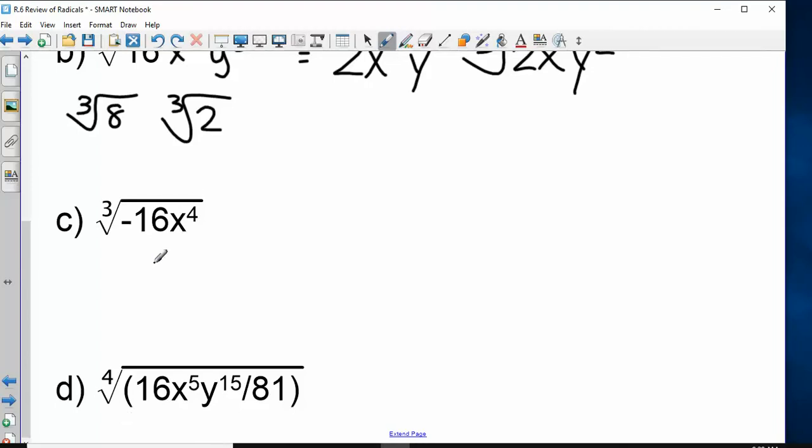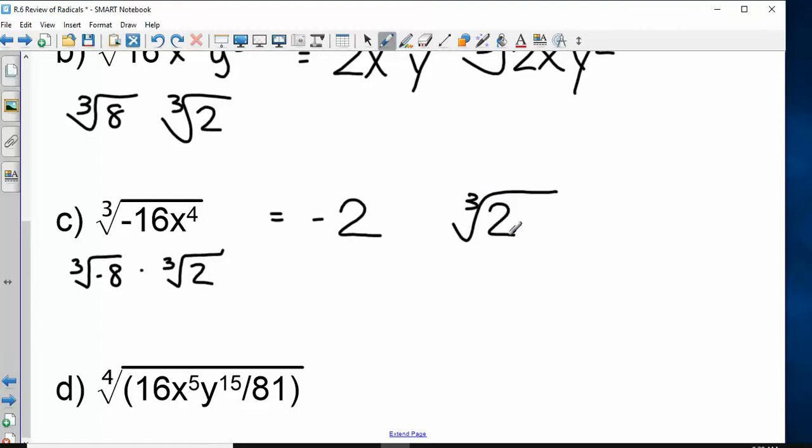Cube root of negative 16. So what would I break a negative 16 into? We broke 16 into 8 and 2, right? So let's just do negative 8 and 2. What's the cube root of negative 8? Negative 2. So a negative 2 comes out. And we still have 2 left underneath.